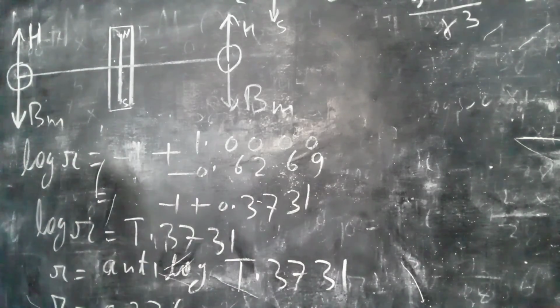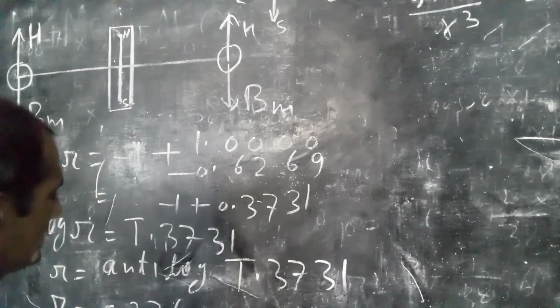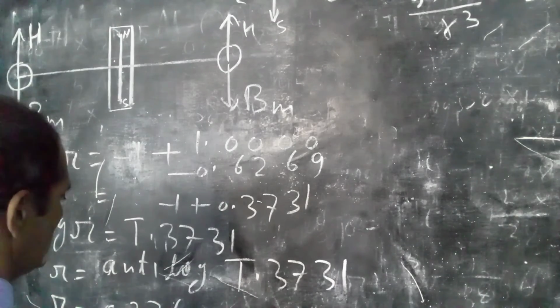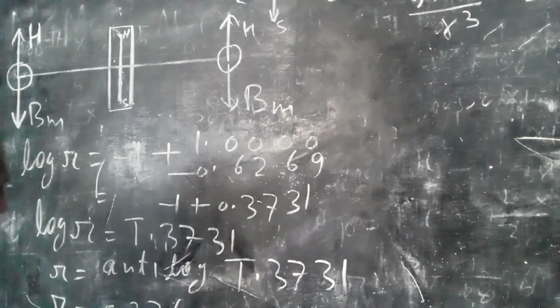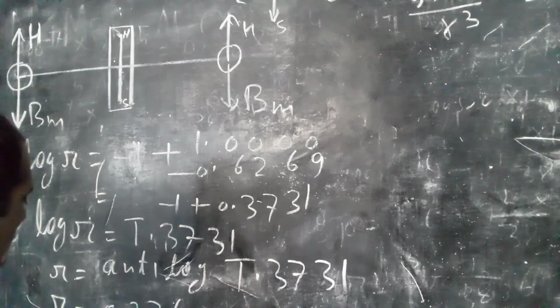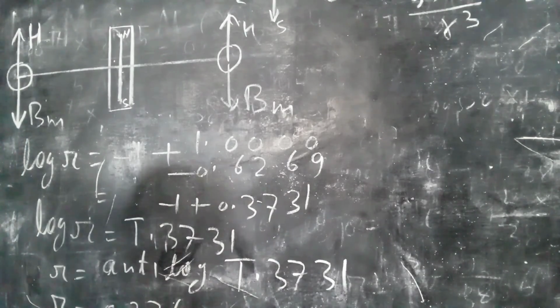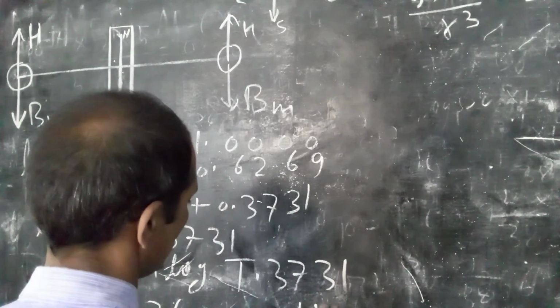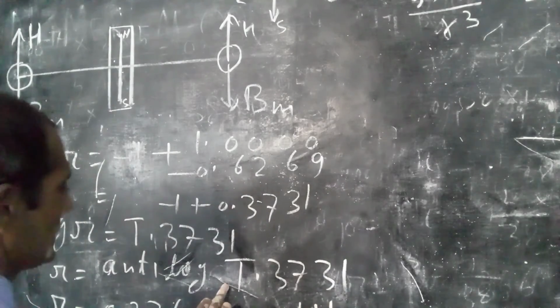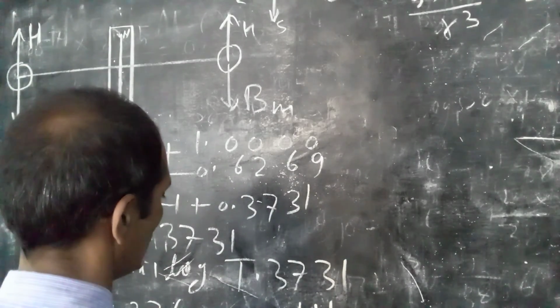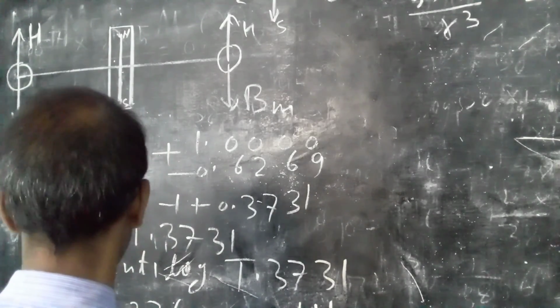The value is 2360. Mean difference of 1 in the same row is 2, so the value is 2362. Take it for minus 1 plus 1. Your characteristic is 1 bar, so the integer part is less than 1. So write here minus 1 plus 1.